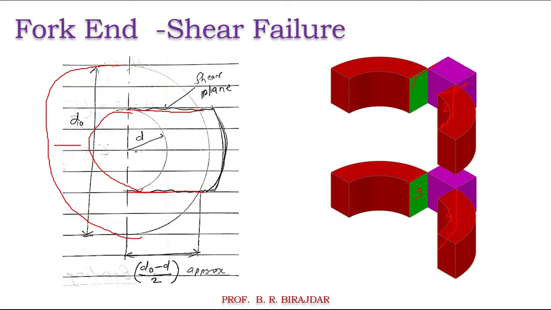So DO minus D divided by 2 gives this thickness. This is the 1, and again this is the 1. If you multiply it by 2, you will get the area resisting at the top side. Again the same at the bottom side, then again you have to multiply it by 2. So that we will see here.